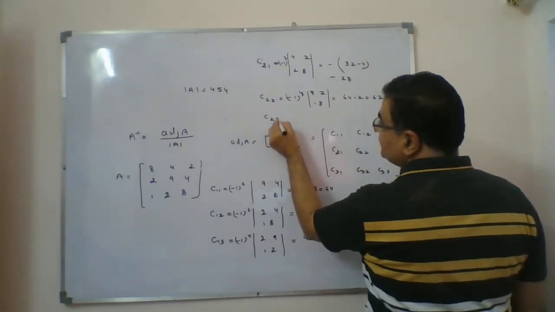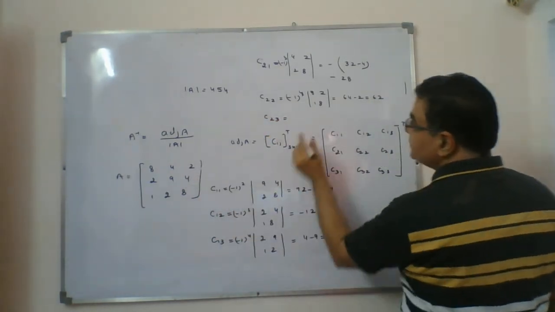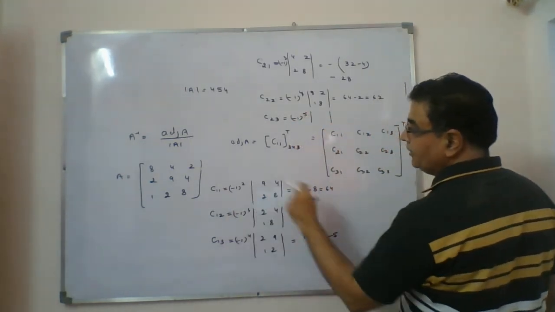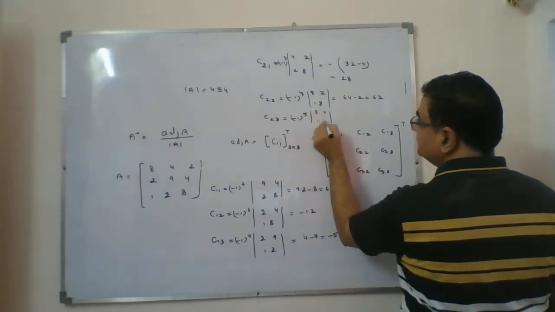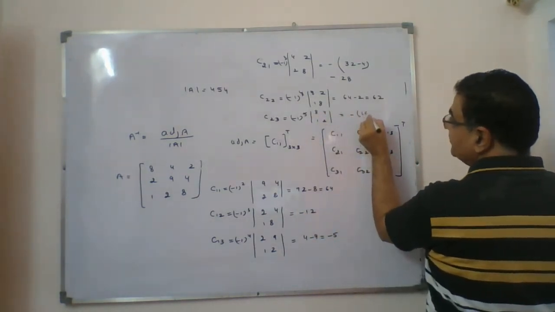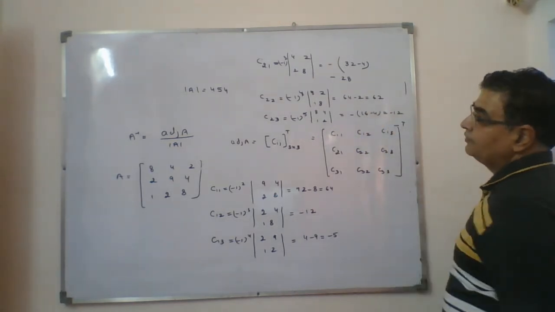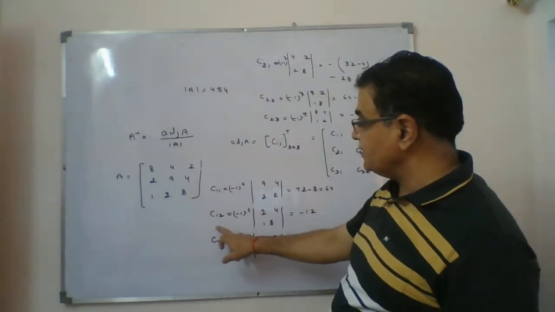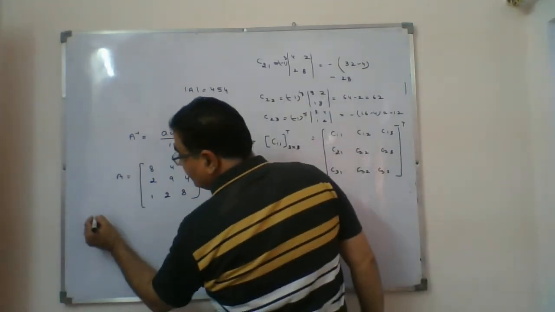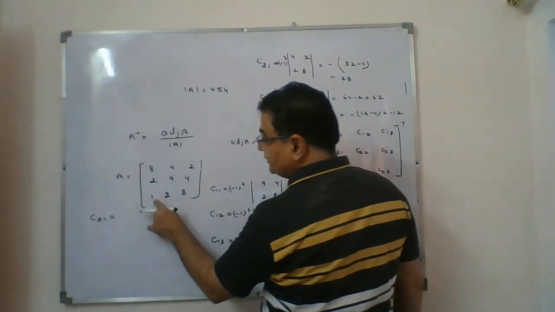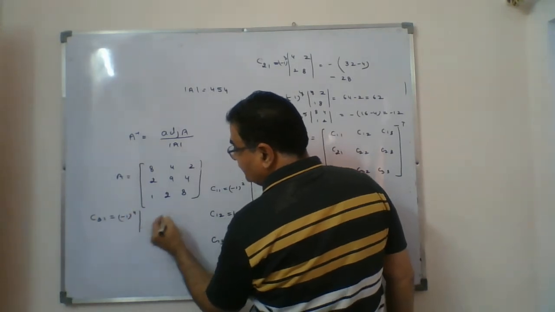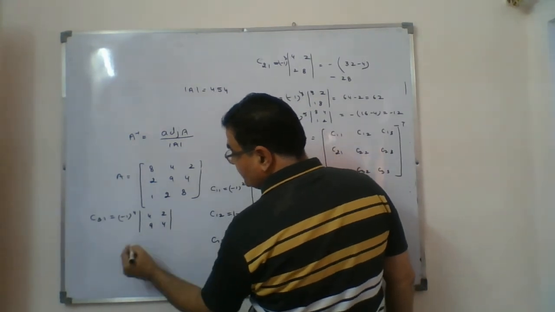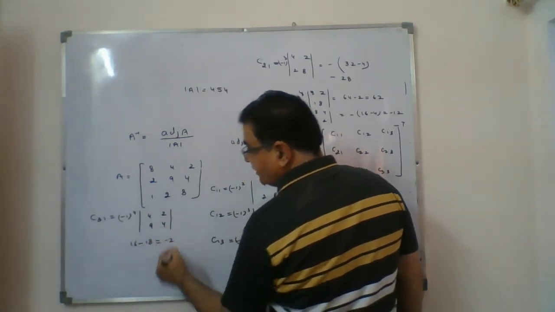Then we go for C23. 23 means this element. It will be minus 1 power 5. The minor is 8, 4, 1, 2. Then it will be 16 minus 4, and it's coming minus 12. So we have calculated C23, C22, C21, C11, C12, C13. Now we go for C31. 31 means this element, minus 1 power 4. Here the elements will be 4, 2, 9, 4. Then it comes out to be 16 minus 18, which is minus 2.